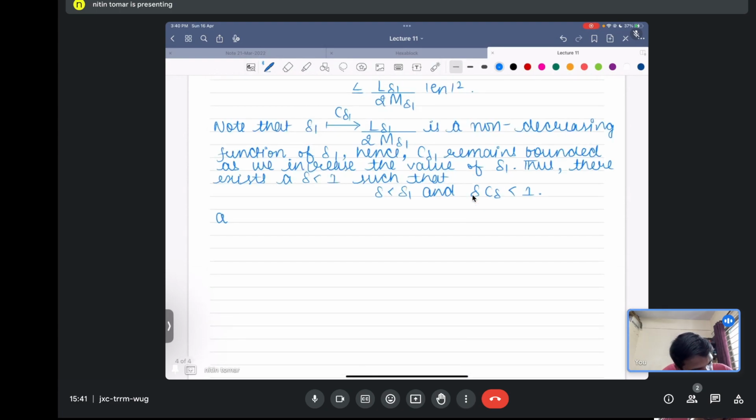Now our aim is we show that this delta has the desired property. The desired property being the conclusion in 1, 2 and 3.